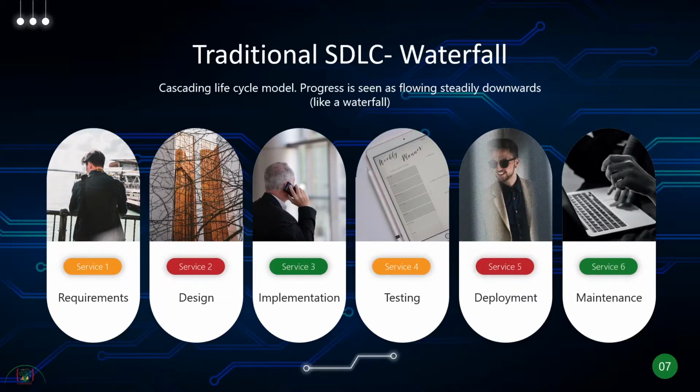But what's basically happening is it's flowing like a waterfall, right? And you basically will start with the concept, requirement, then you'll do design, implementation, then you will do integration testing, and at the end of it, you'll deploy and do maintenance.